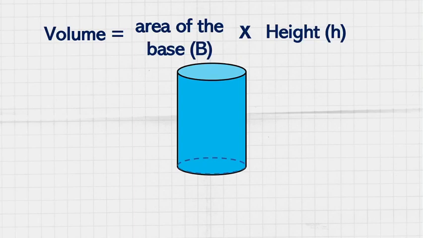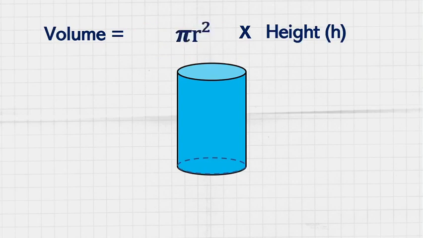Therefore, the formula in getting the area of a circle is equal to pi r squared, or pi times r times r. Therefore, to get the volume of a cylinder, we can write volume of a cylinder is equal to pi r squared times h, or height. There you go. That is the formula in getting the volume of a cylinder.